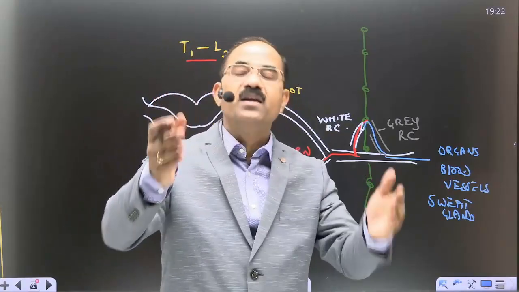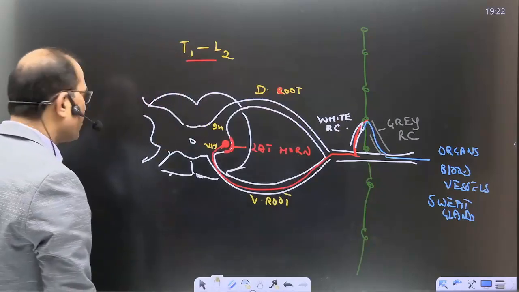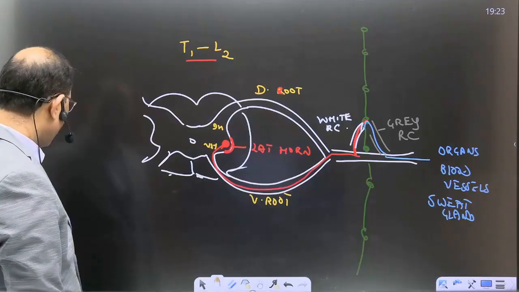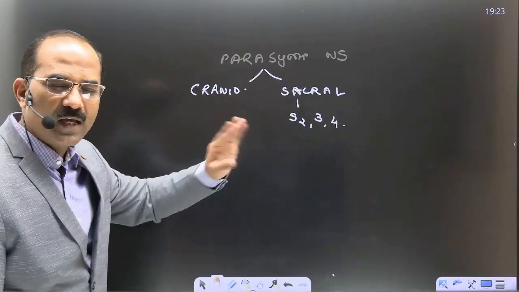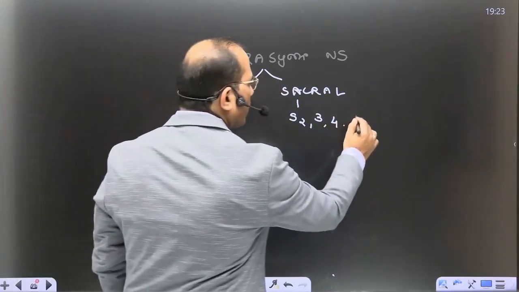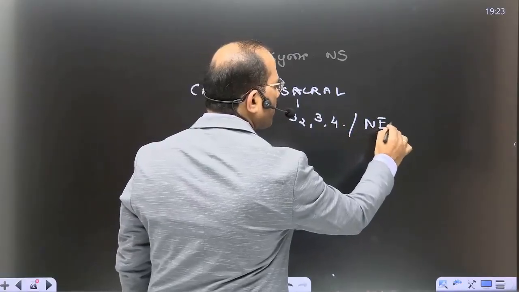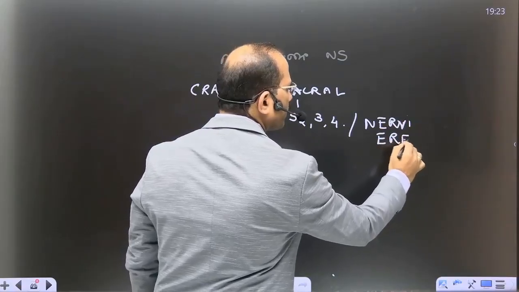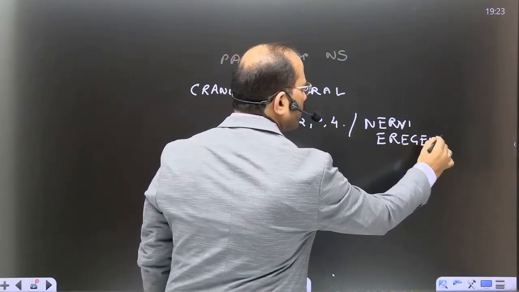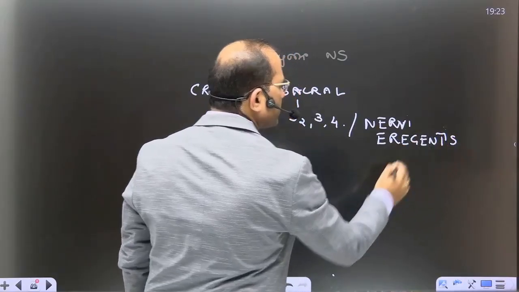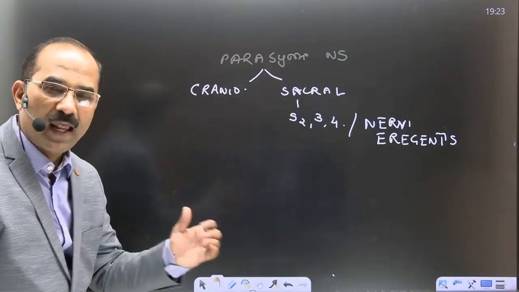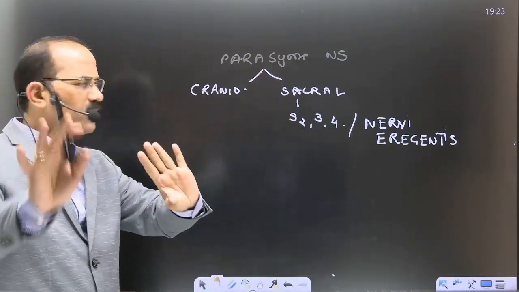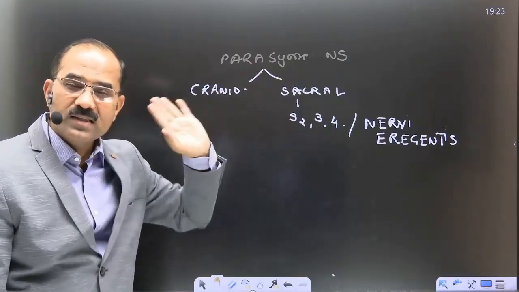So the sacral outflow of the parasympathetic nervous system begins from S2, S3, S4. This is also known as nervi erigentis. It is also known as pelvic splanchnic.